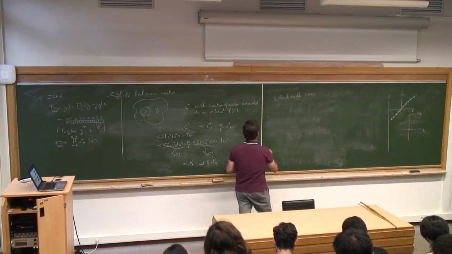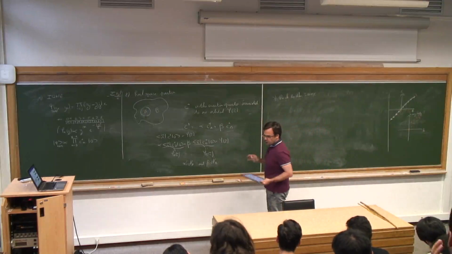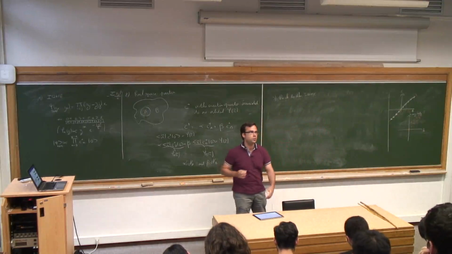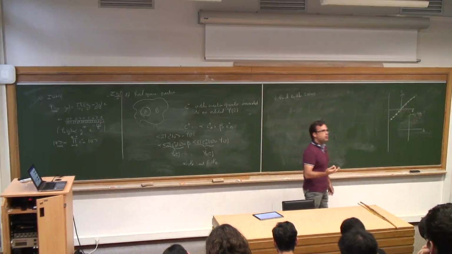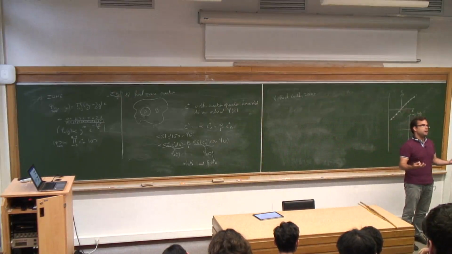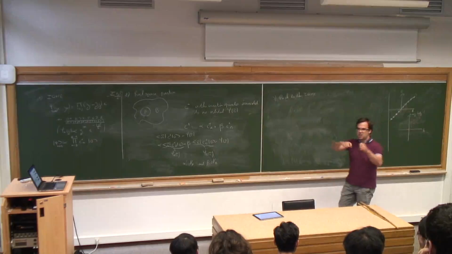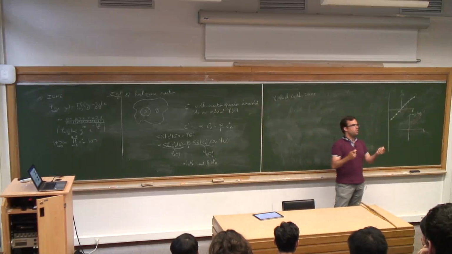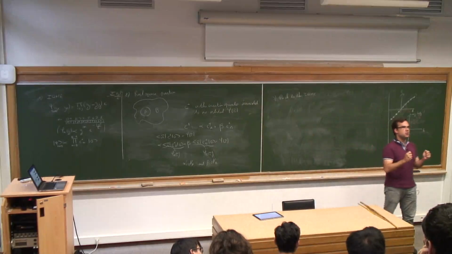So we want to cut the system, but we want to do that in a smart way. By smart way, I mean that we want to keep good quantum numbers. Of course, you can take any shape for A, but then the calculation will be very messy.